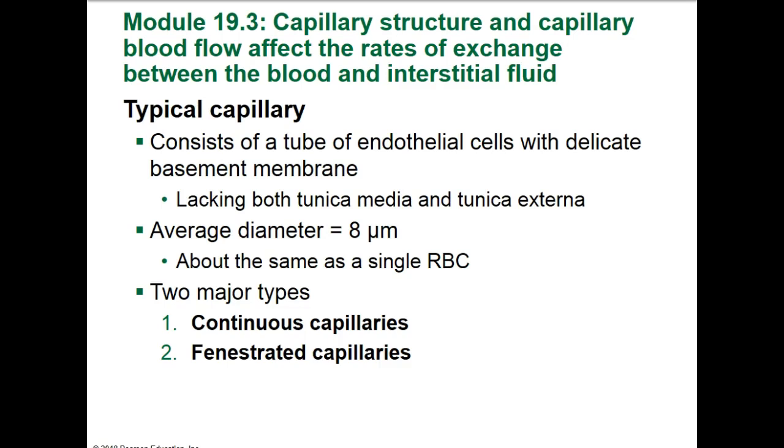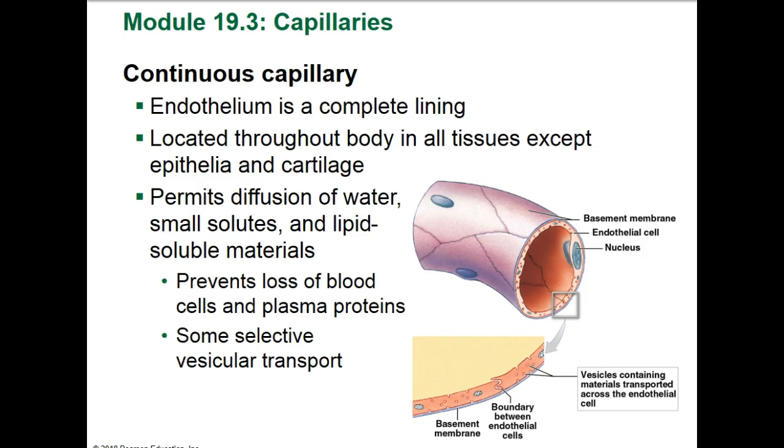There are 2 types, continuous capillaries and fenestrated capillaries. The continuous capillaries, the endothelium is a complete lining. That's why we say it's continuous. We find these throughout the body and all the tissues, but not in the epithelium and the cartilage. So where might you find epithelium?